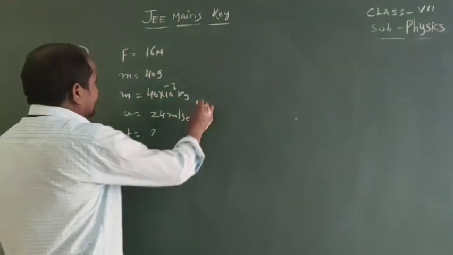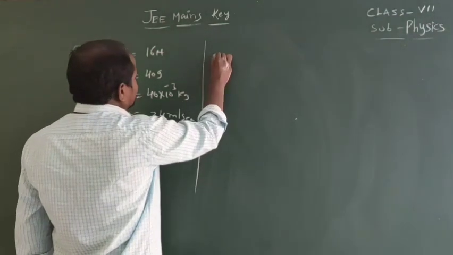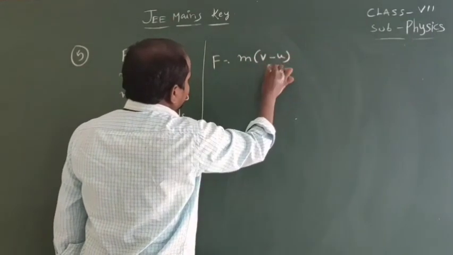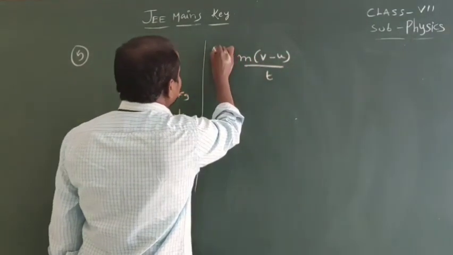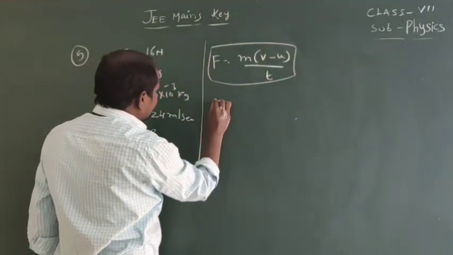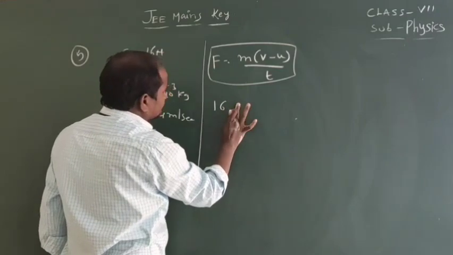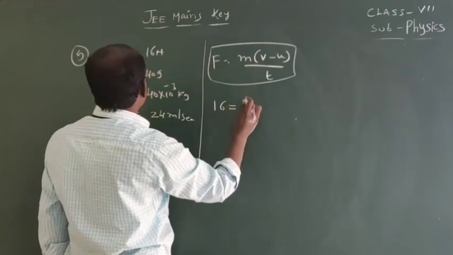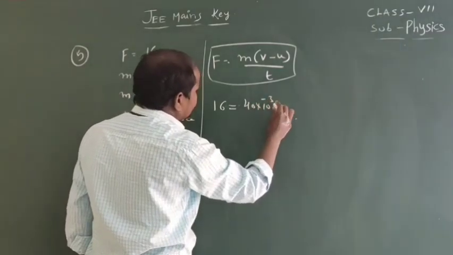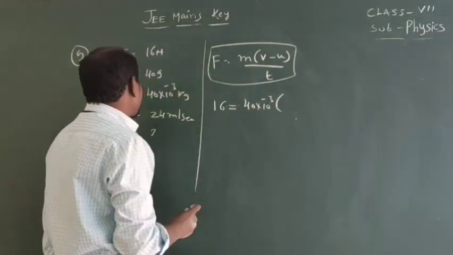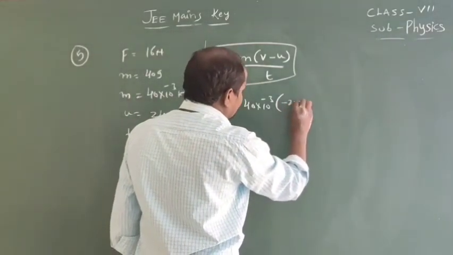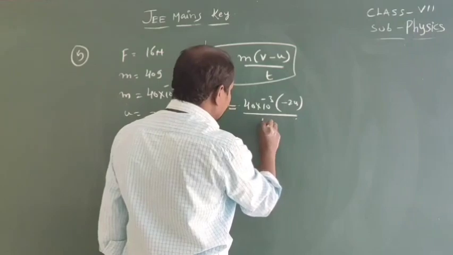So our aim is to find the time, but force equals m into v minus u by t. It is the formula to find the force. So from this, force is given, that equals 16 newtons. Mass equals 40 into 10 power minus 3 kg, into final velocity 0 minus initial velocity 24, by t.